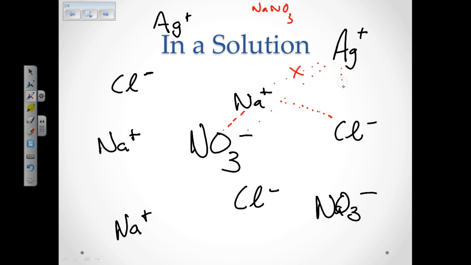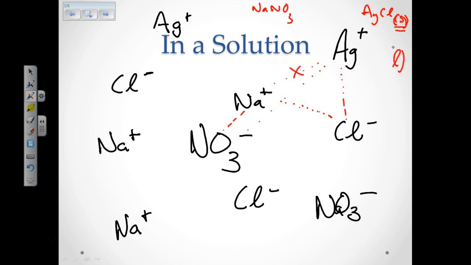But what happens when the silver and the chloride get attracted? They don't just bounce off of each other. When silver and chloride get together, they are attracted to each other enough that they form a solid. So silver chloride is a solid, and that's what this state symbol means: S for solid.